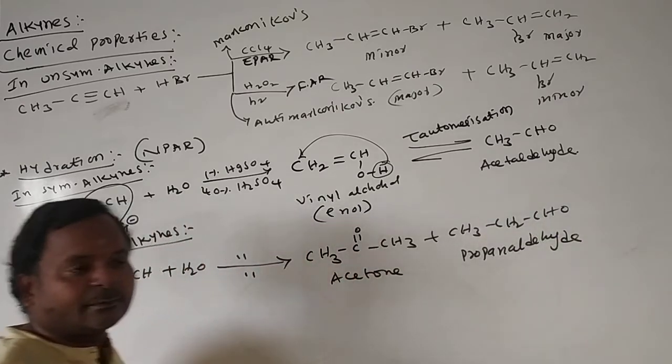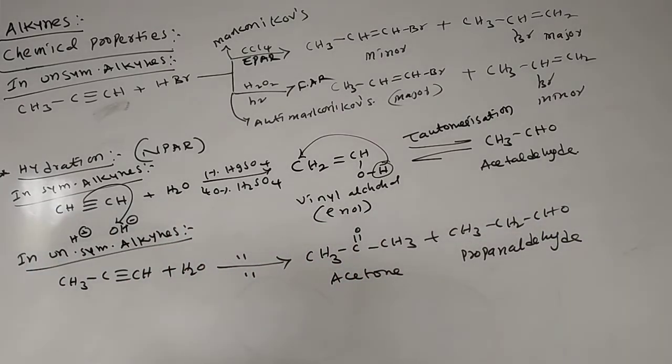Already I gave the mechanism in nucleophilic addition reaction, when we studied the types of organic reactions. If you want the mechanism, see it there. This is about the hydration.